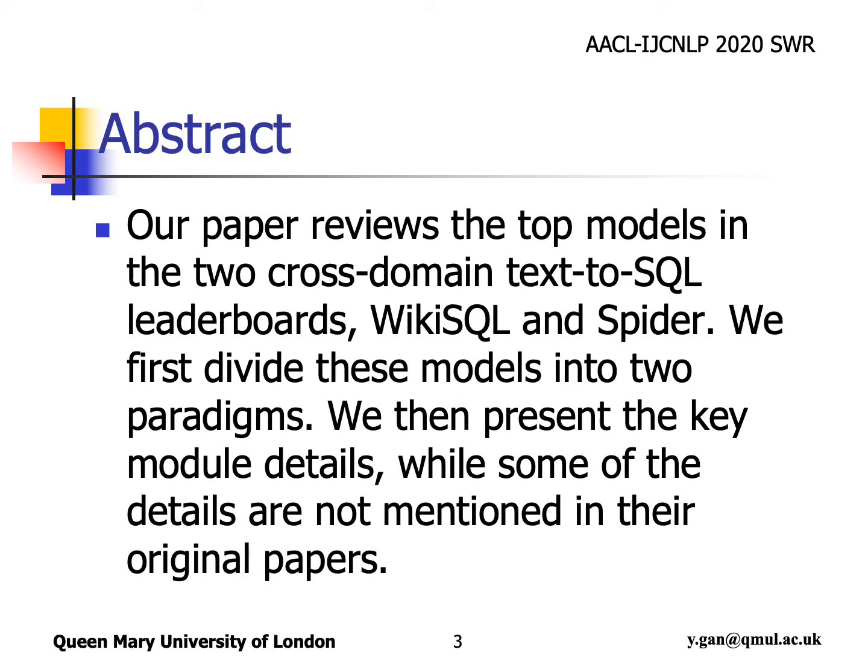Our paper reviews the top models in the two cross-domain text-to-SQL leaderboards, which are WikiSQL and Spider. We first divide these models into two paradigms. We then present the key module details, while some of the details are not mentioned in their original papers.